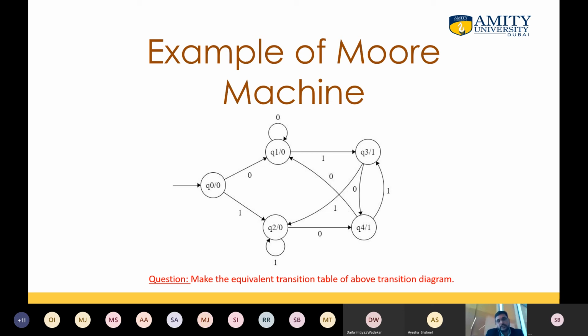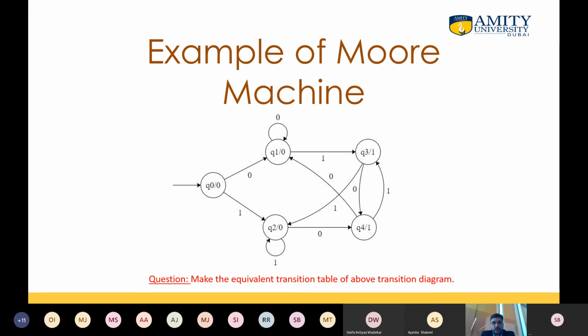Yeah. So in this, you just see Q0, what you are writing, Q0/0. It means for Q0, output is 0. You are writing Q1/0, means for Q1, output is 0. Q3/1 means for Q3, output is 1. Q2/0, Q2, output is 0.